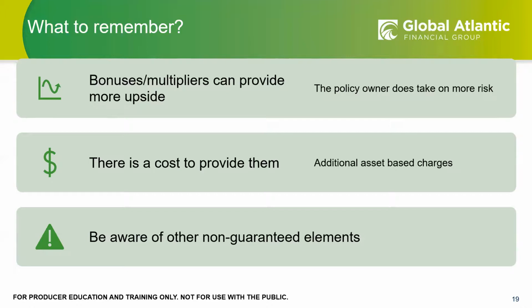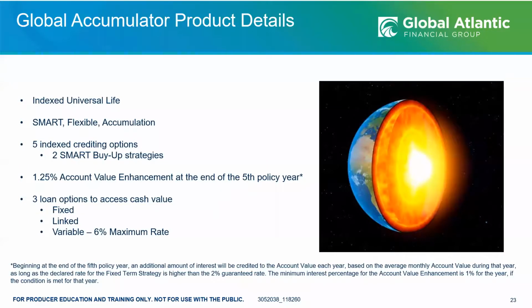Within our multiplier products, so Global Accumulator IUL, we built it in what we believe is a smart way. Most multiplier products in the market today start charging the asset-based charge as early as the second year.